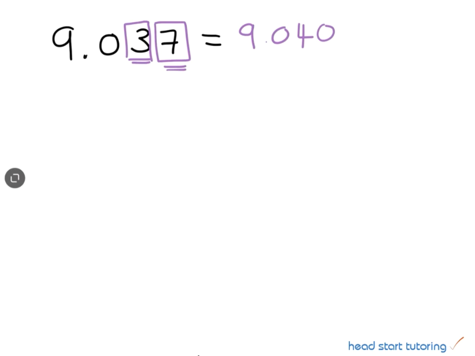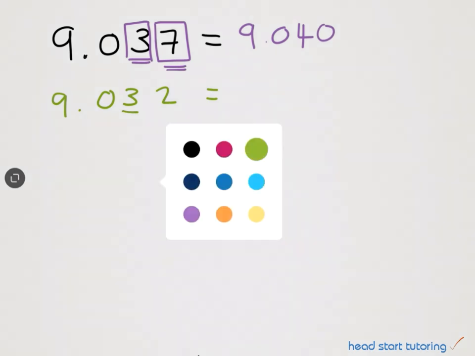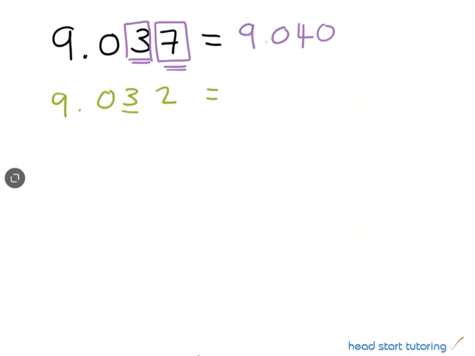Right, so let's have a look at a similar number, 9.032. 9.032 rounded off to the nearest hundredth again. We have a look at our thousandths column. We've got 2 thousandths in our thousandths column. So that 2, because it is less than 5, we are not going to round this 3 up.